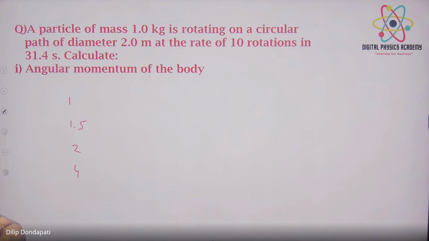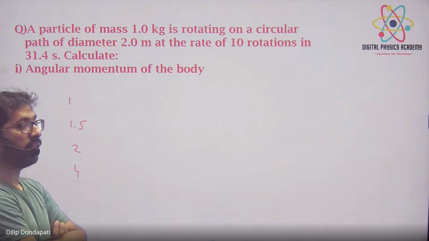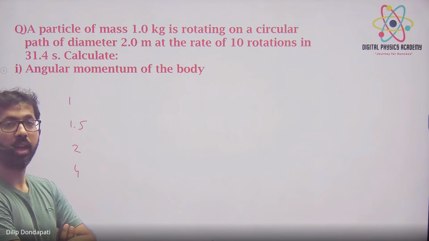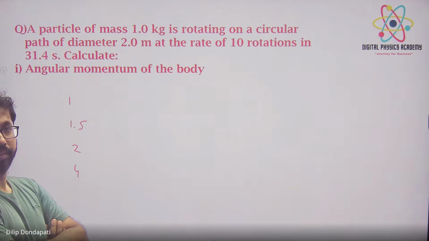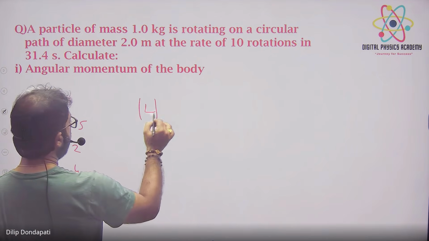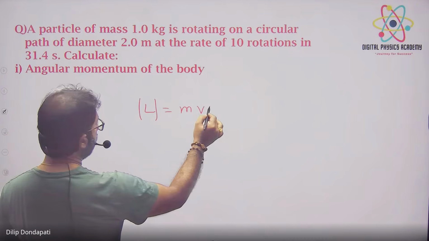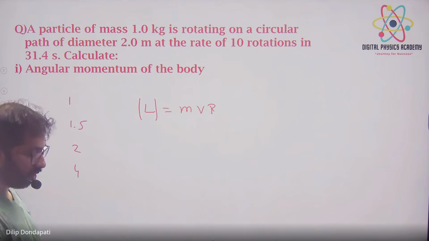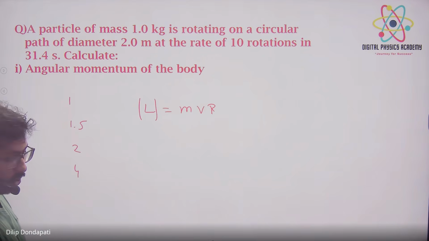Since a particle is moving in a circular path, in circular motion only, angular momentum का formula क्या है? m v r. Right? Sir, I got 4. आ गया answer? Oh, wait, no. Wrong. 2. m v r. 2. Perfect.